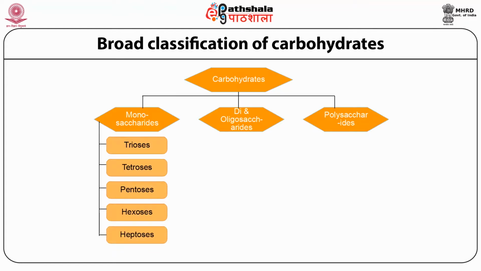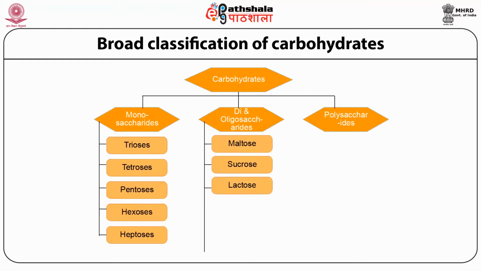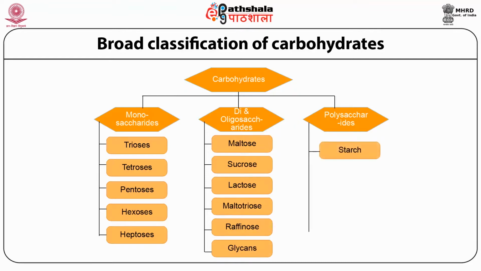Oligo- and disaccharides are based on composition: maltose, sucrose and lactose have two units, so they are disaccharides, and maltotriose, raffinose and glycans are oligosaccharides. In polysaccharides, starch, glycogen, cellulose and chitin are placed because they are made up of many sugars, more than 10 sugars basically, and they make a polymeric chain that may be branched or unbranched.